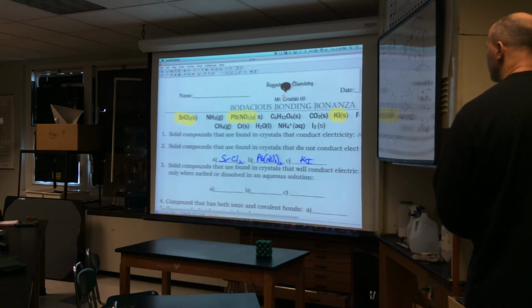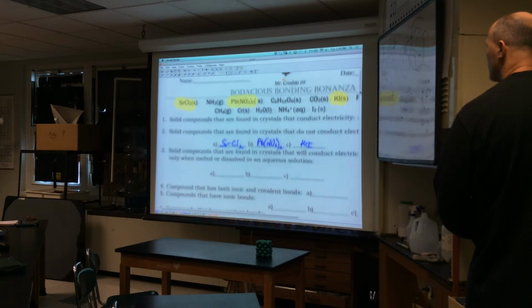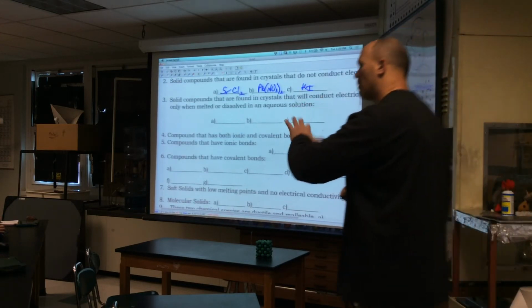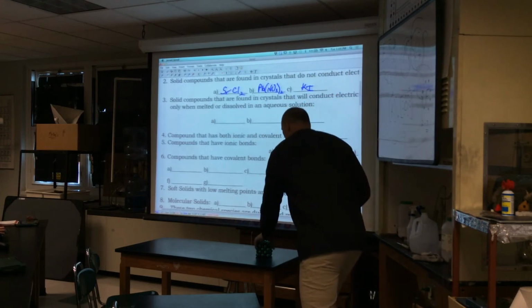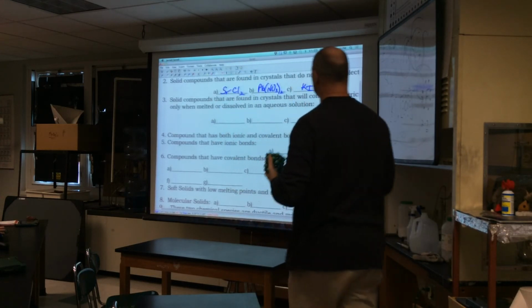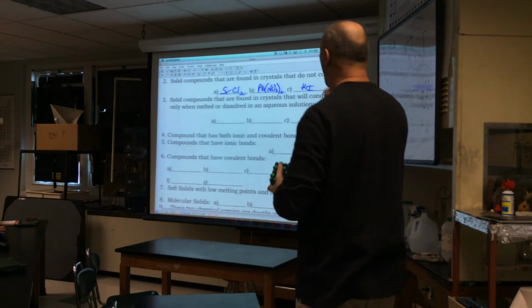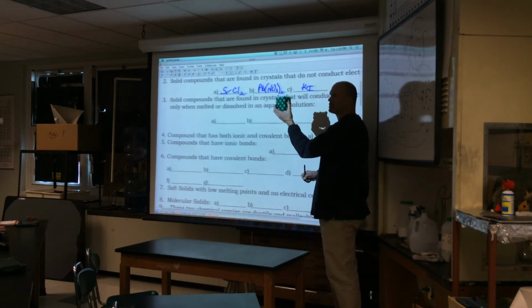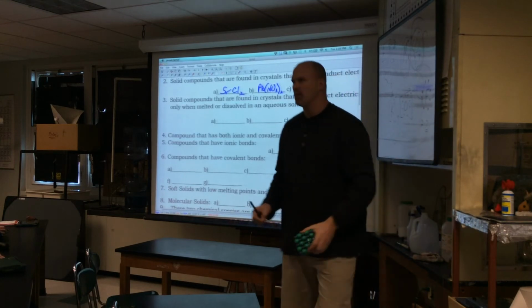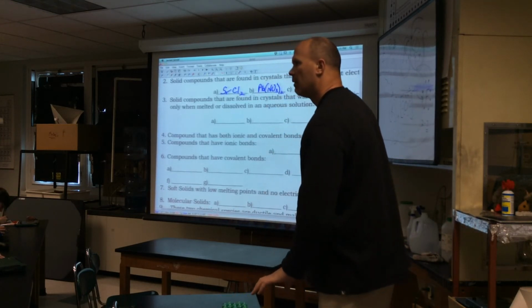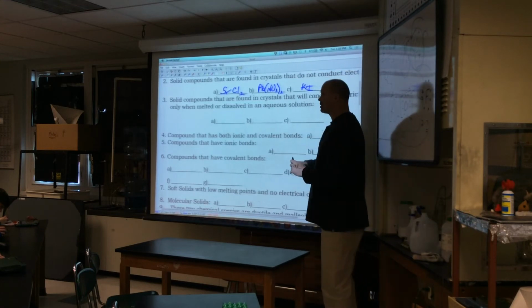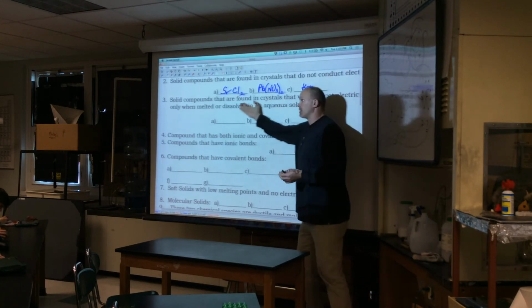Number three. Solid compounds that are found in crystals. This could be either metals or ionic substances that will conduct electricity only when melted or dissolved in aqueous solutions. Who must that be? Right. Should that be the same?